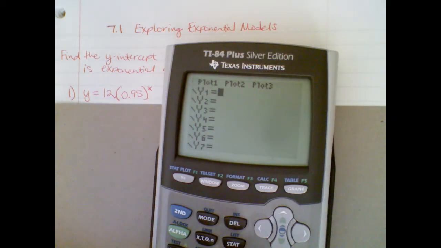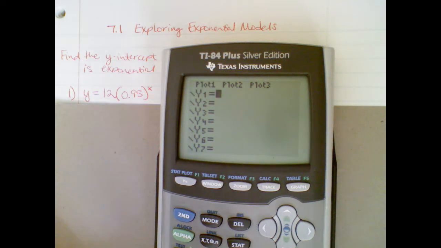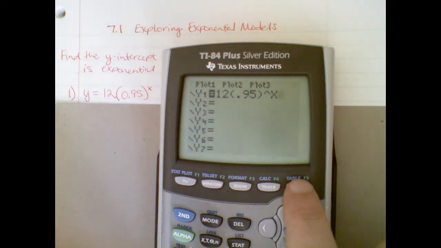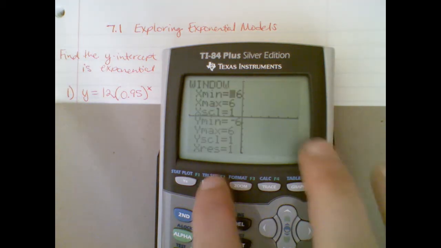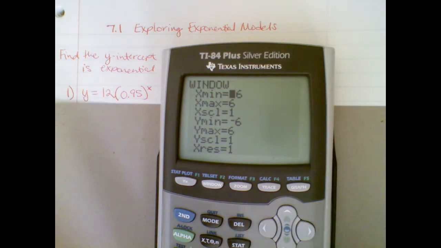So if we go to y equals and type in this equation, 12 times parentheses 0.95 to the x power. Click graph. And notice we're going to want to adjust our windows.